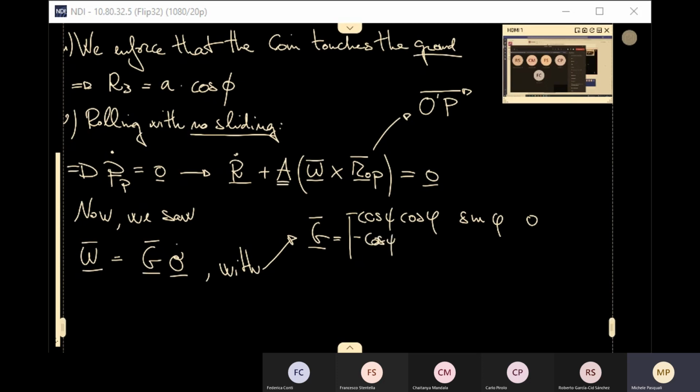And 0. And then we have the sinus of psi, 0, 1. If you try to get G, that's what you get. Okay.